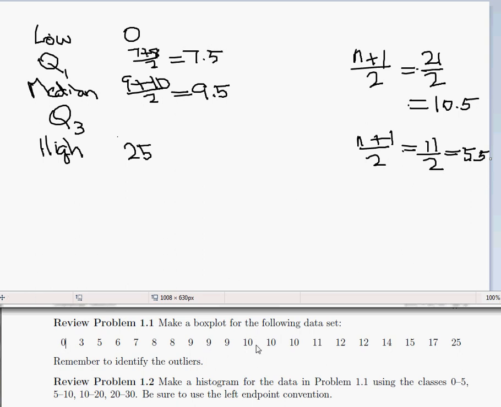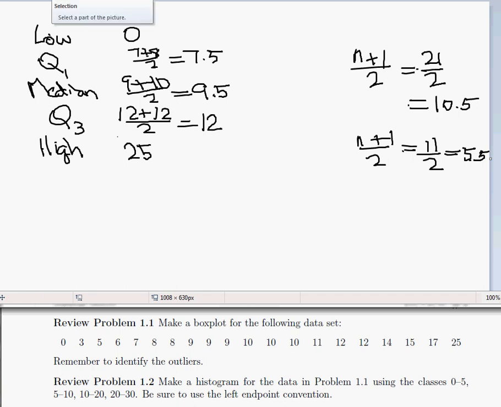On this part of the data, entries 5 and 6 will be 1, 2, 3, 4, 5, and 6. So the fifth and sixth entries are the 12 and the 12. And so the average of 12 and 12 would obviously be 12. So the third quartile is equal to 12. Now I'm about ready to start doing the box and whisker plot.